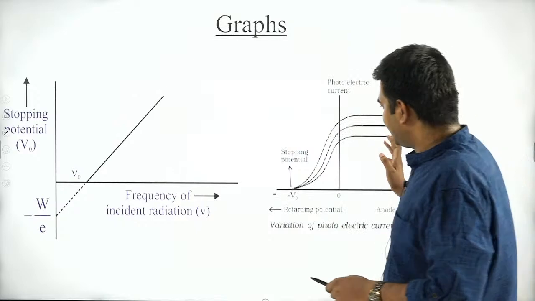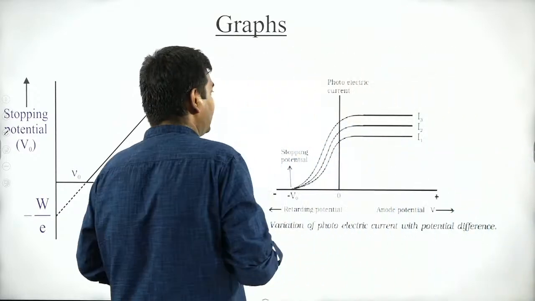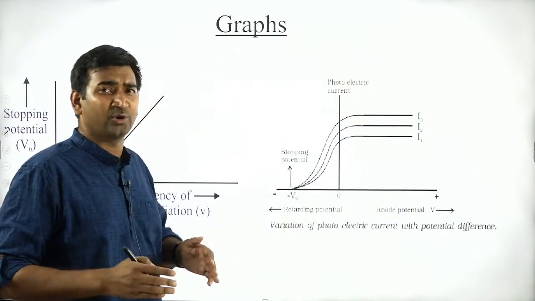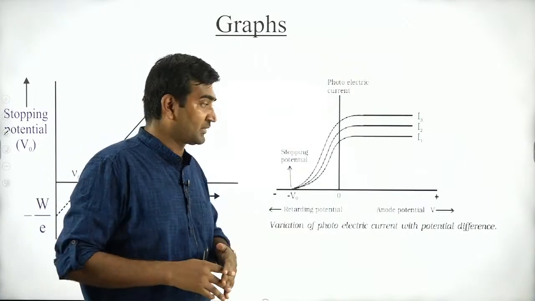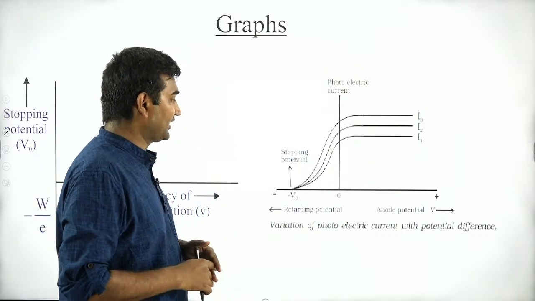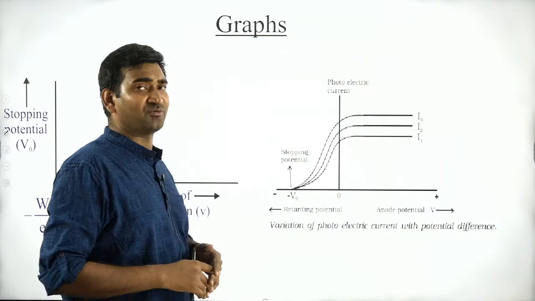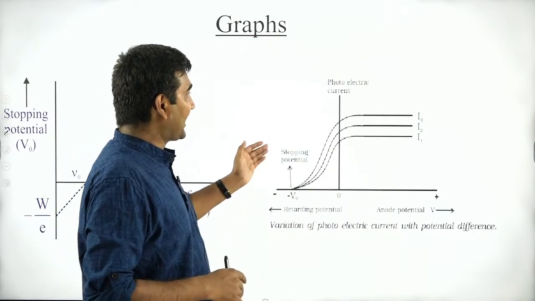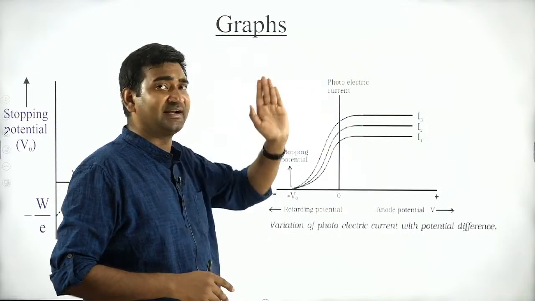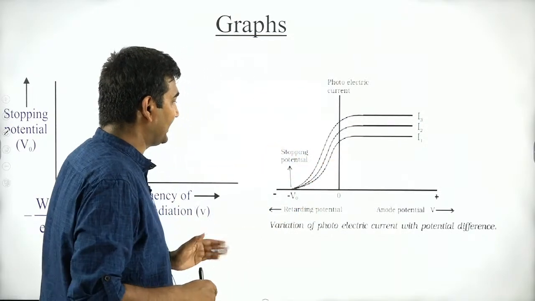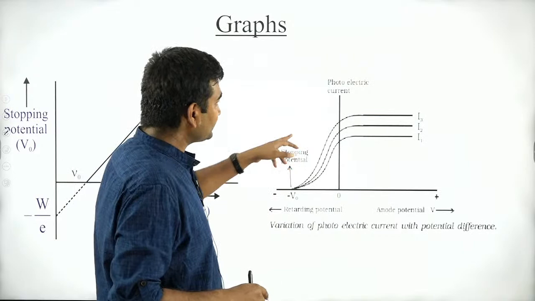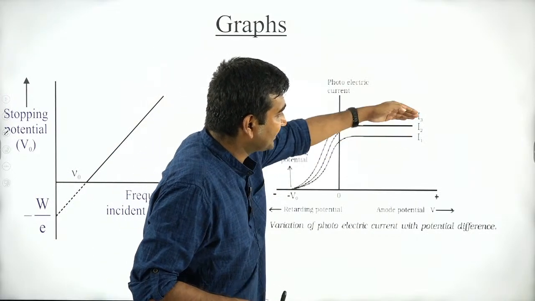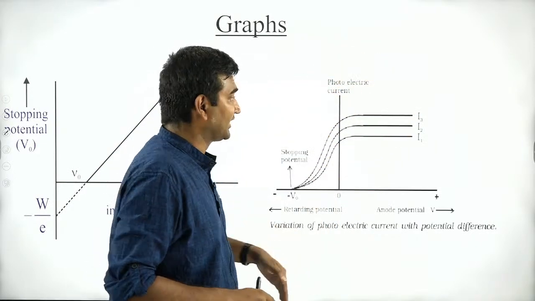Now this curve is again very important, although rarely asked for the NEET exam, but important. In physics it is somewhat more important than chemistry. So please take a note of it. I told you current is proportional to the intensity. So here you can see, if I am changing the intensity, my current is also changing.